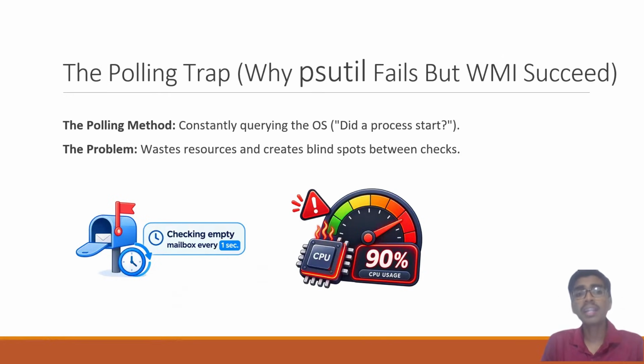Next, it is about the polling trap. What is the polling trap? It is a constantly polling method, constantly querying the OS, like a while loop iteration, asking again and again: did a process start now? It requires continuous CPU cycles and keeps asking the OS. This wastes resources, and it also creates a blind spot for advanced malware which acts within that particular interval.